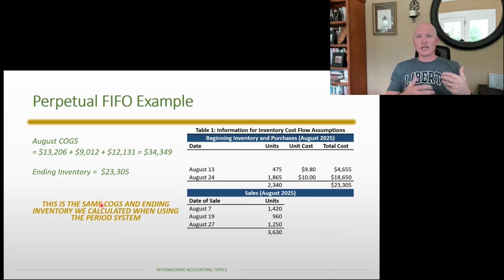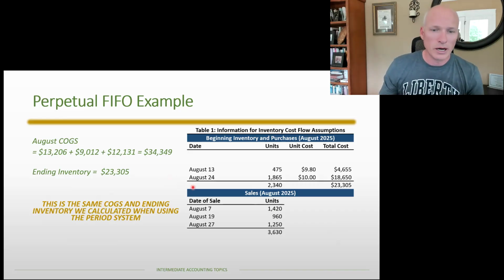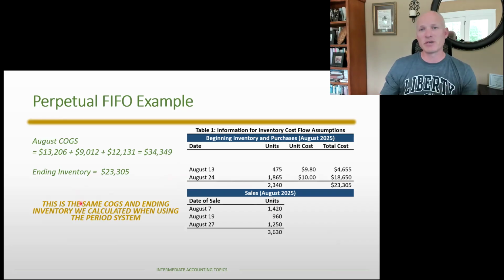That's no different than if they were taking it out a little bit at a time. They're still taking the same units at the end of the day. And so the ending inventory is going to be the same. If the ending inventory is the same, then the cost of goods sold is going to be the same, but only under the FIFO cost flow assumption. All the other assumptions, the numbers are different.